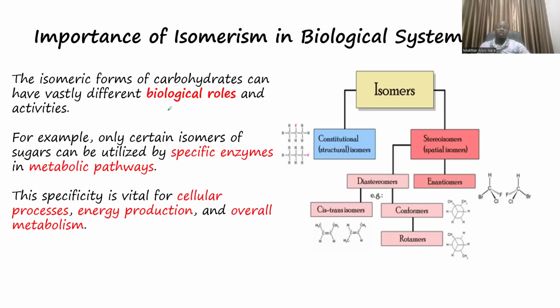One isomer cannot do the same work as another isomer. And some isomers of sugars cannot be metabolized because we don't have enzymes that are specific for that isomer.